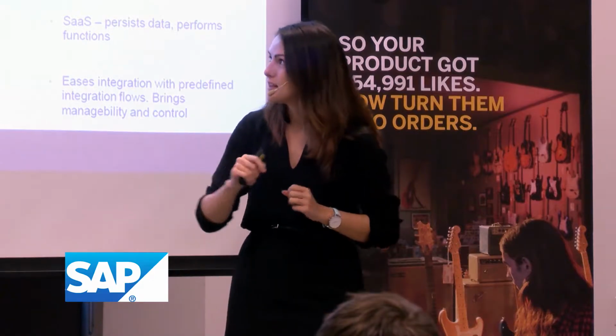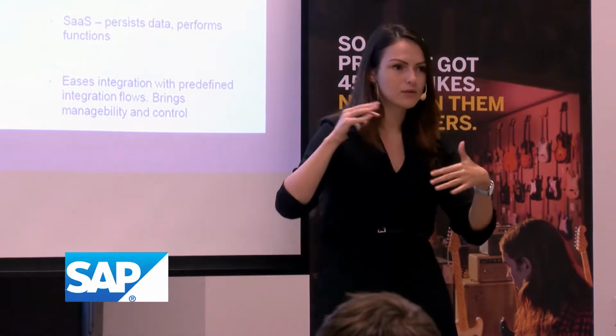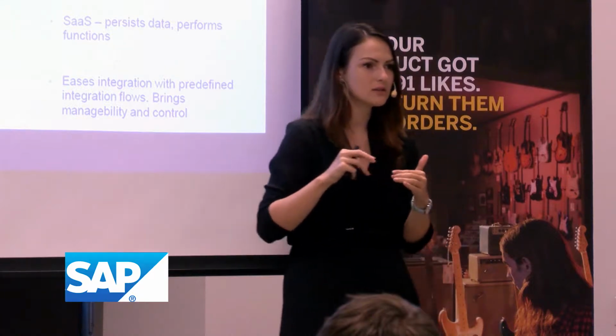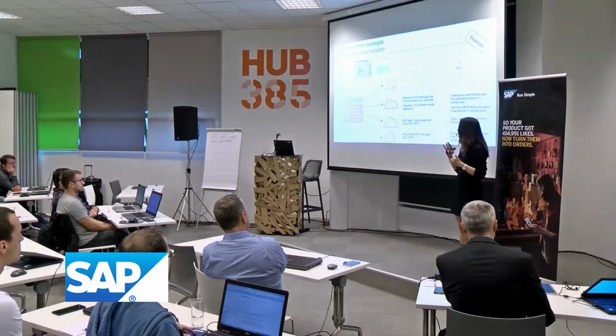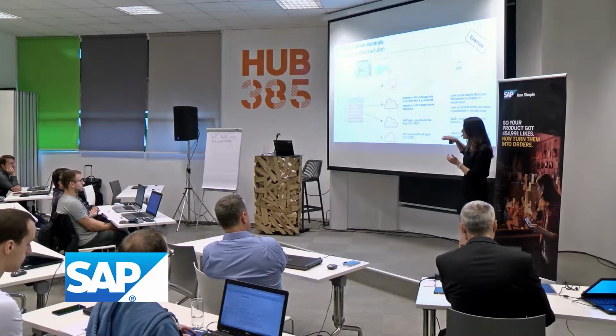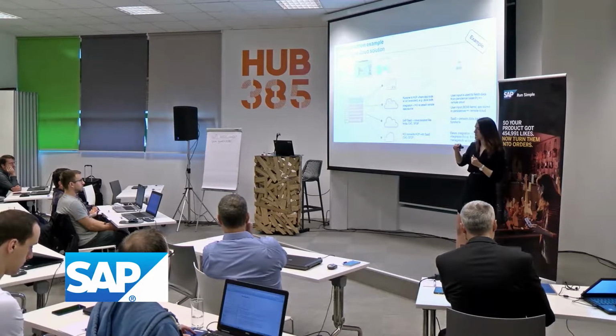Next, on the service level, we still have the Java code for the backend, but we also need to do some integrations with the SAP Cloud Platform integration. Those services will be connecting to the cloud application.